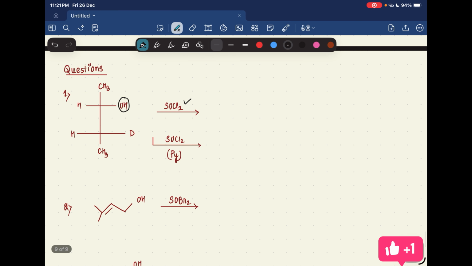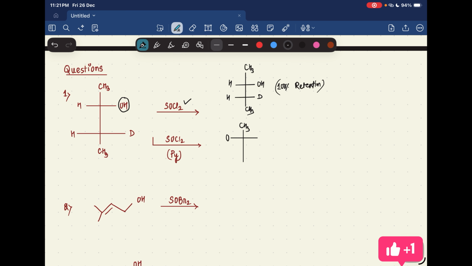So what will happen here? Here it is CH3, here it is OH, here it is H, here it is D, and here it is H, and here it is CH3. Because same side, we can write here 100% retention, same direction. But when we take SOCl2 with pyridine, then the product will be opposite.